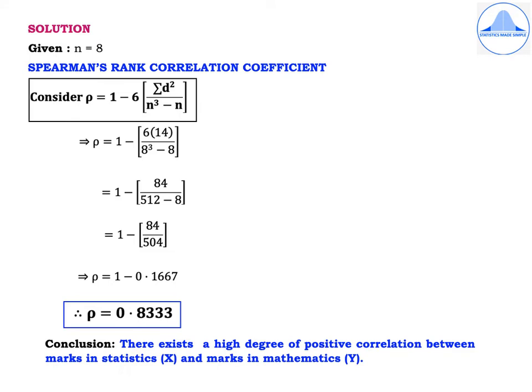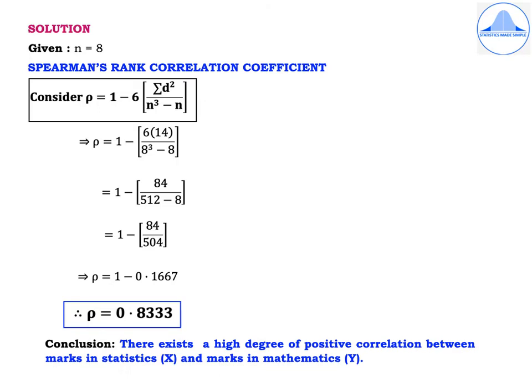Spearman's rank correlation coefficient formula without ties is, consider rho equal to 1 minus 6 times summation d square divided by n cubed minus n, which implies rho equal to 1 minus, substituting the totals and the value of n, we get 6 into 14 divided by 8 cubed minus 8, which is equal to 1 minus 84 divided by 512 minus 8, which is equal to 1 minus 84 by 504.